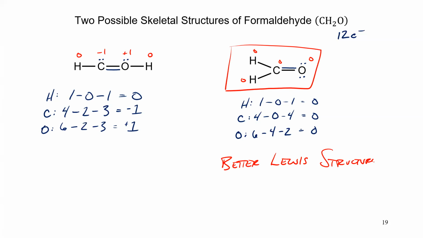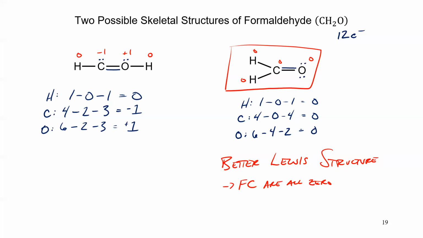Now, again, they both have formal charges that add up to 0, but this is the better Lewis structure because the actual formal charges are all 0. Sometimes that's not possible. Sometimes we have to have formal charges that are not 0, even for a neutral molecule.